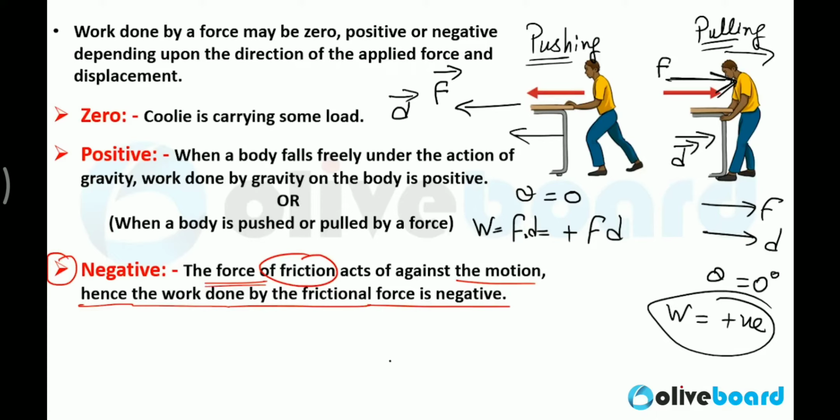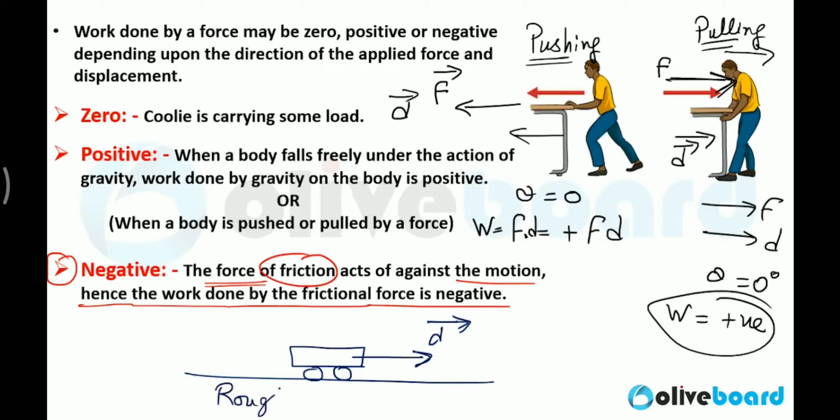Let's take a simple example. This is a surface, this is a road, and this is some truck or vehicle. If this vehicle is moving on the road, what is the displacement direction of this vehicle? This is the displacement direction of the vehicle, clear? But the road is a rough surface, so this road will offer some friction to this vehicle.